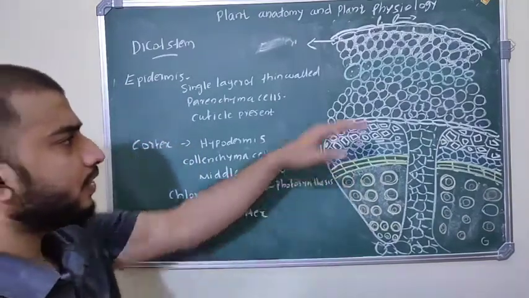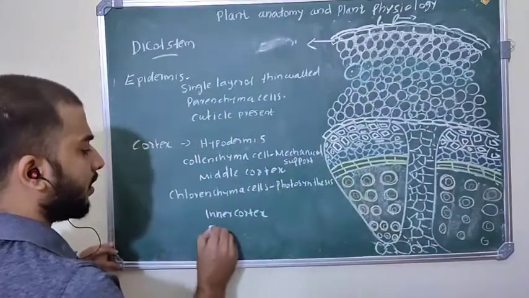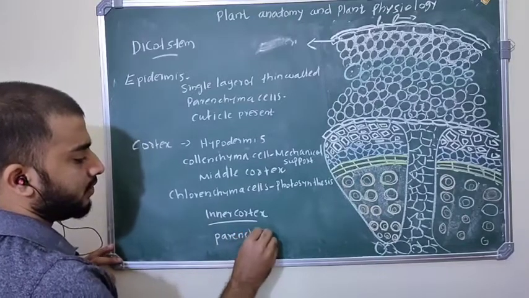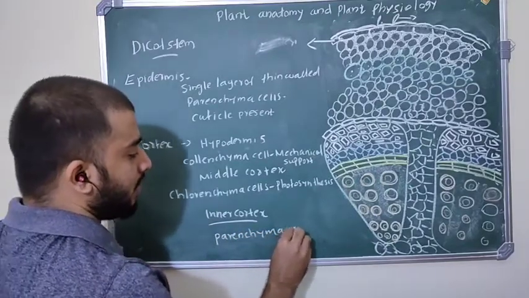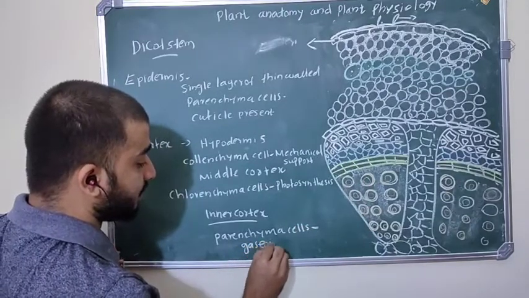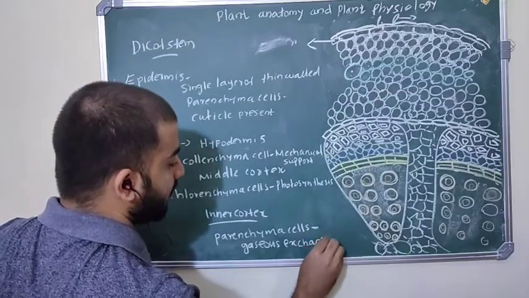Then after middle cortex, the inner cortex is made up of parenchyma cells, and these parenchyma cells help in gaseous exchange.